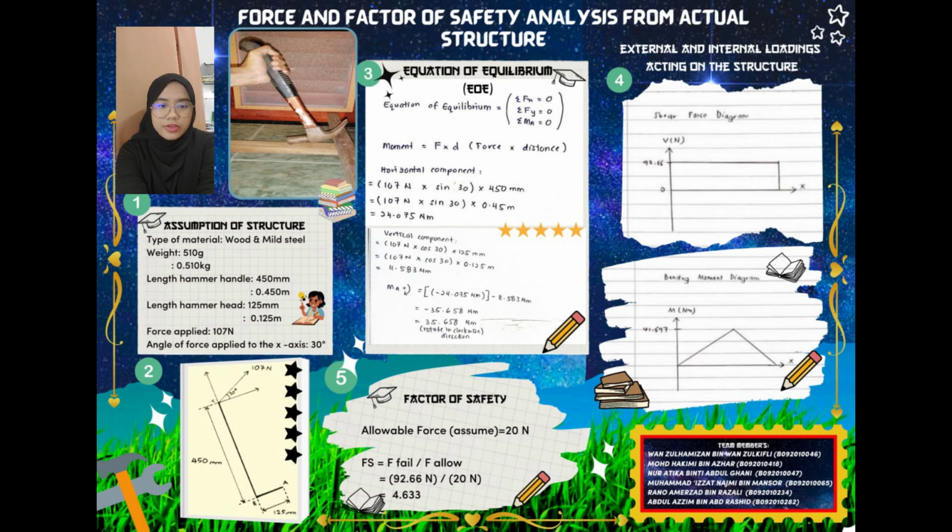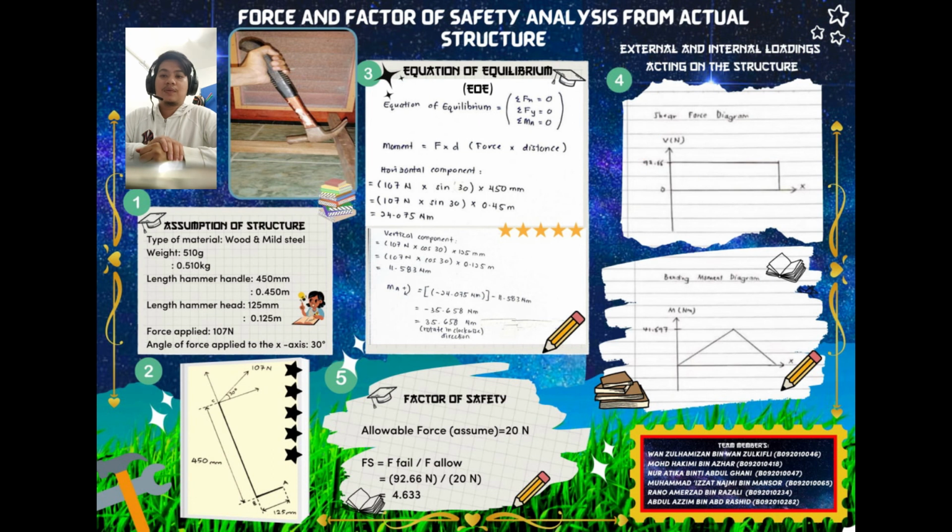From the equation given, to avoid potential failure of the members, we have to find the factor of safety, which must be chosen to be greater than 1. However, the actual value will depend on the type of material used, which is the hammer, and the potential application of the members.